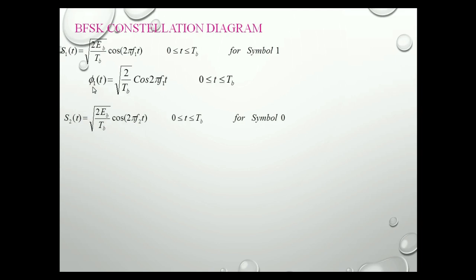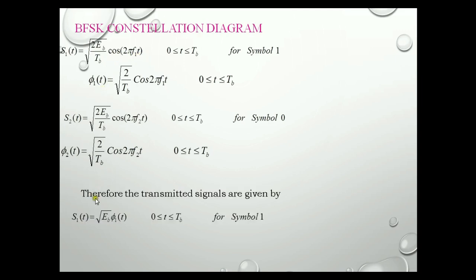Let us assume psi 1 of t as equal to square root of 2 by TB cos 2 pi f1t and psi 2 of t as equal to square root of 2 by TB cos 2 pi f2t. So substituting, S1 of t will be equal to square root of EB psi 1 of t. Similarly, S2 of t will be equal to square root of EB psi 2 of t.